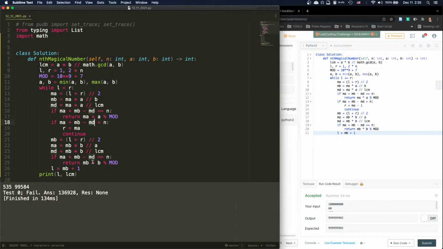If it's too big, I should not do this, right? If it's too big for this, then what do we do? Well, it's too small for this, it's too big for this.